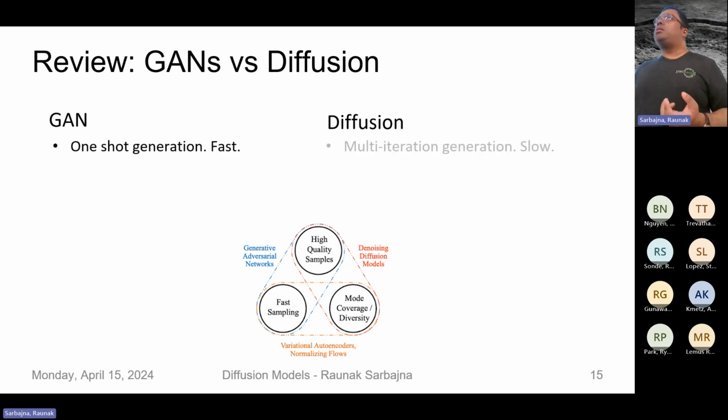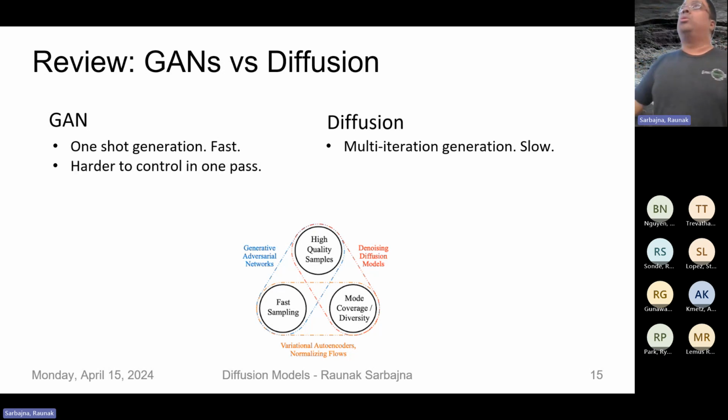Diffusion models, on the other hand, are multi-iteration generations. So you saw the Markov chain. It takes step by step by step. So this image generation process is comparatively fairly slow. However, the problem with this one-shot generation is that it's kind of hard to control, because you have just one step, so you have no way of iteratively controlling what the output is, other than the discriminator.